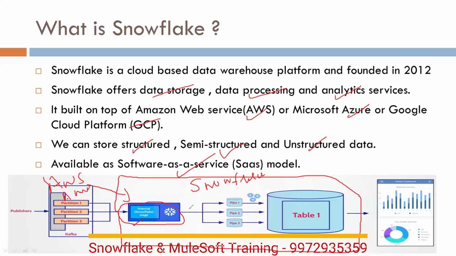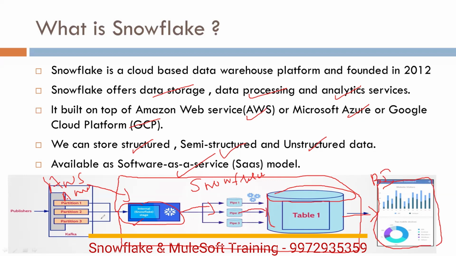You are going to learn what a stage is and what a pipe is. First, we create a stage. From the stage, you create a pipe to load the continuous data flow. Then the data we are going to store in our tables. So this is my Snowflake table. From here, the BI team is going to pick it up and analyze the data.